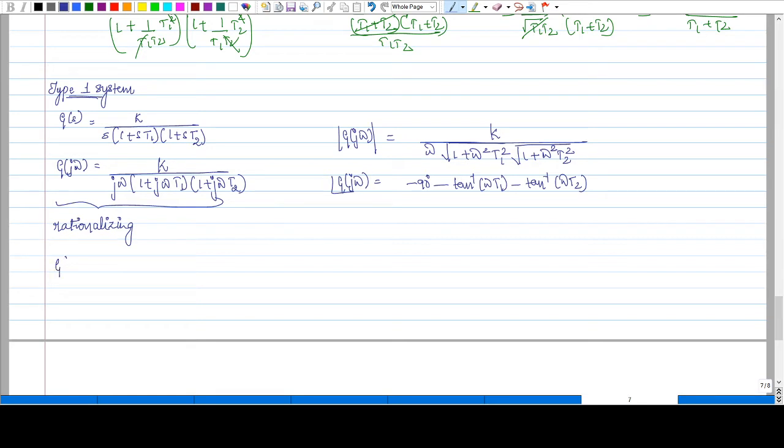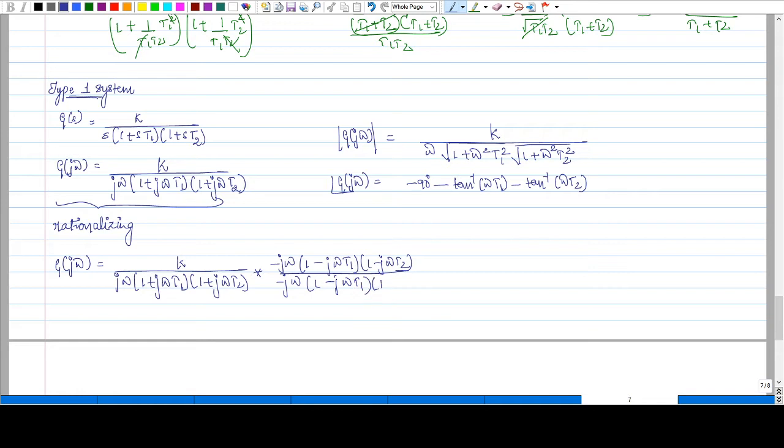So when we rationalize it, G of j omega is equal to k divided by j omega (1 plus j omega T1)(1 plus j omega T2), multiplied by minus j omega, the conjugate of this function, (1 minus j omega T1)(1 minus j omega T2), whole divided by minus j omega (1 minus j omega T1)(1 minus j omega T2).